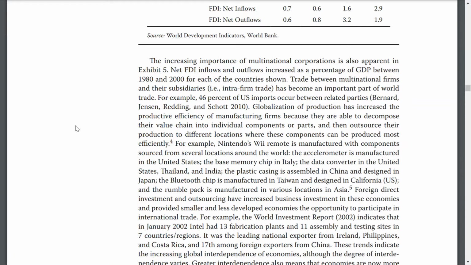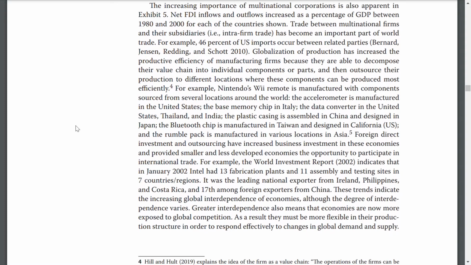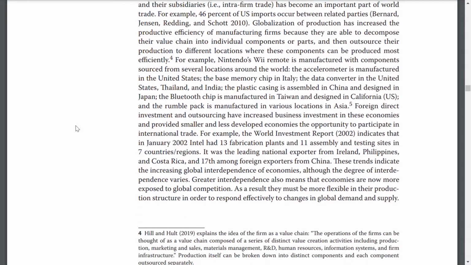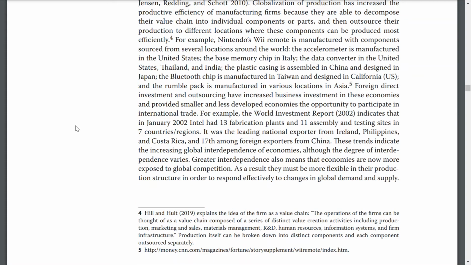The plastic casing is assembled in China and designed in Japan. The Bluetooth chip is manufactured in Taiwan and designed in California, and the rumble pack is manufactured in various locations in Asia. Foreign direct investment and outsourcing has increased business investment in these economies and provided smaller and less developed economies the opportunity to participate in international trade.